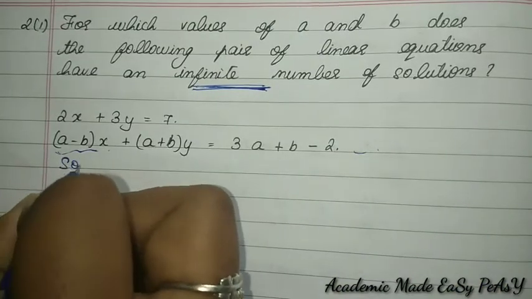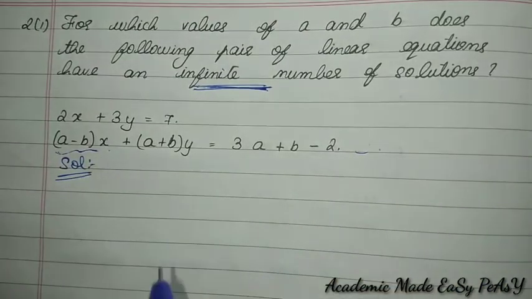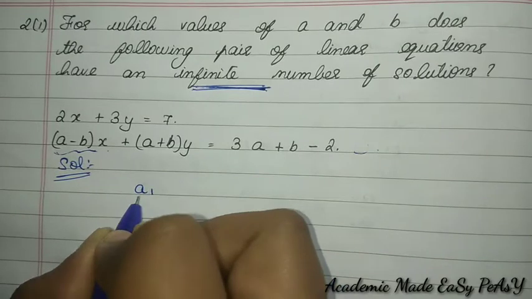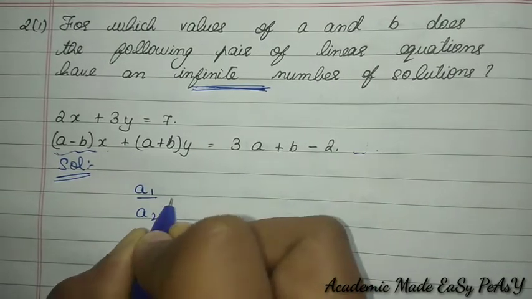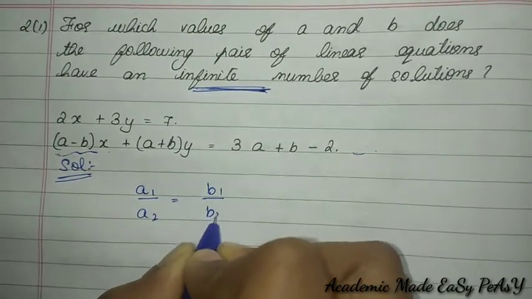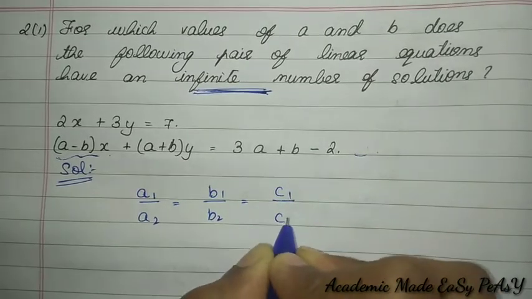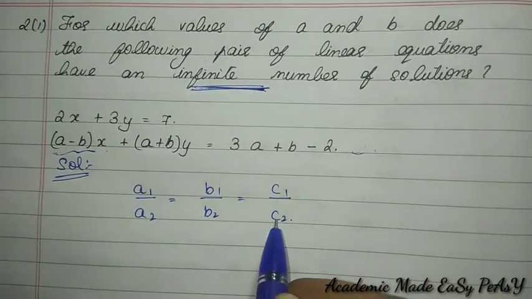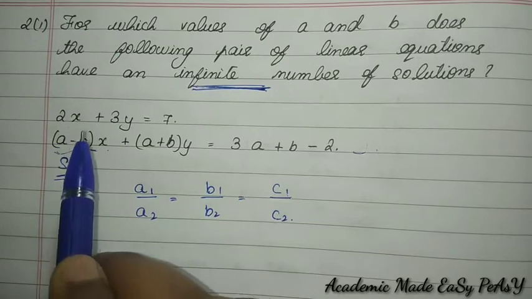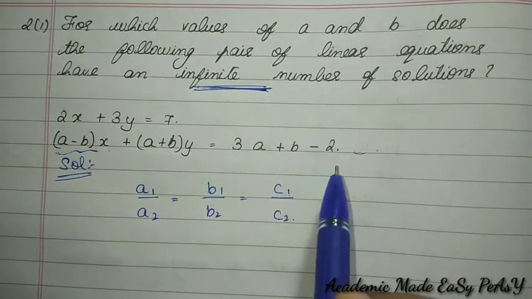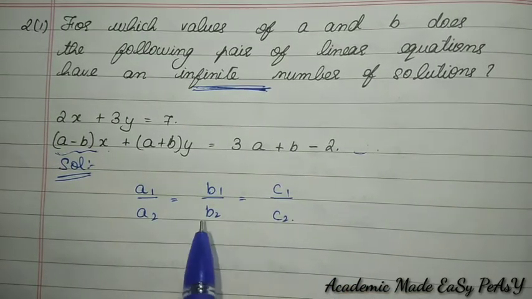So we know that for infinite number of solutions, we should have a1 by a2 equal to b1 by b2 equal to c1 by c2. Yes. So now this coefficient of x, y, and the constant term should satisfy the given condition.